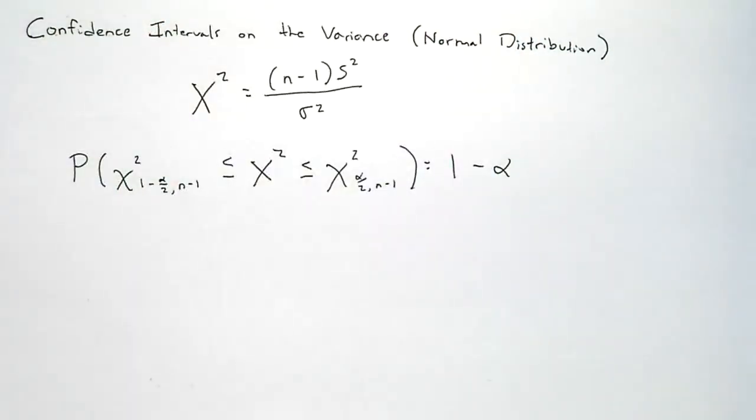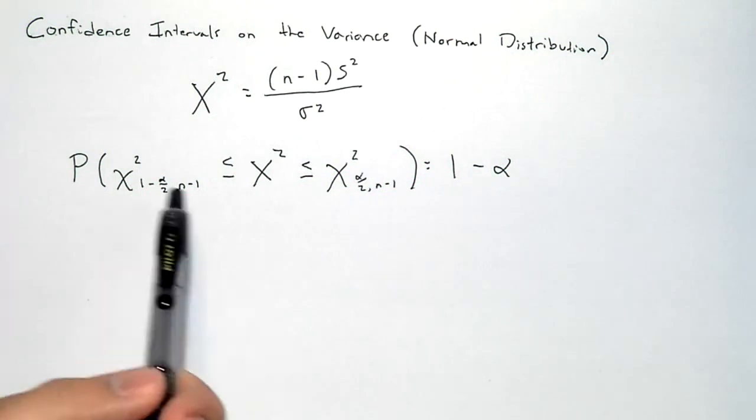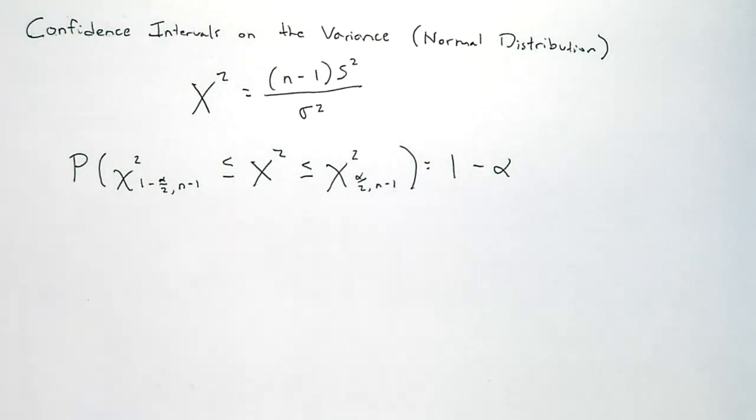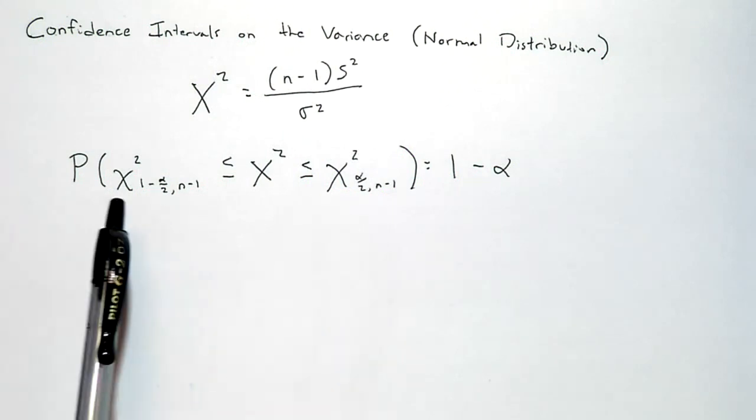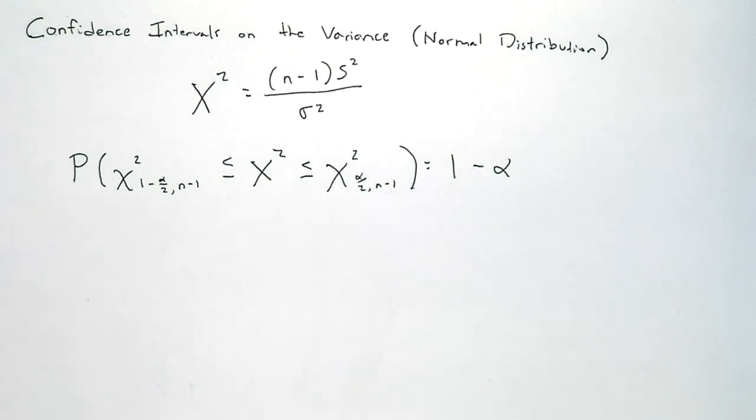Now we have to be careful here, because remember, the chi-square distribution is not symmetric. Because this distribution is not symmetric, we cannot have these values correspond to the same alpha value.